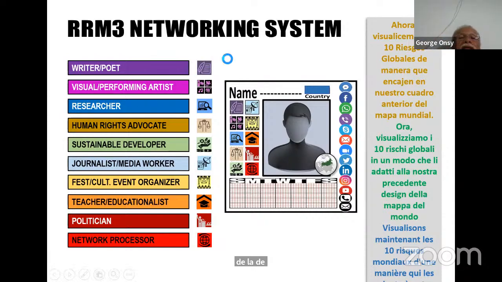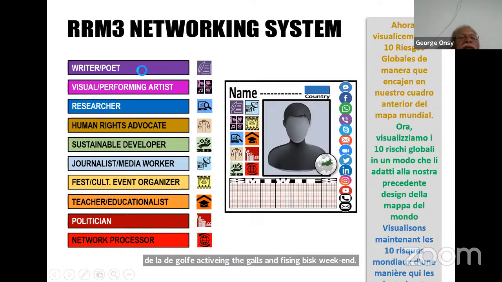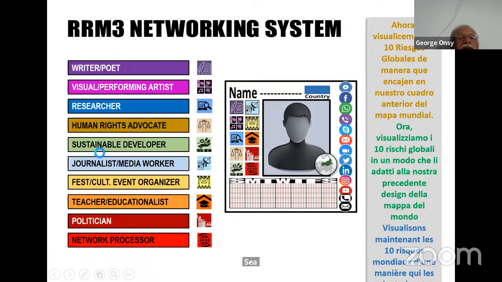We can see his talents here. All these icons mean whether he is a writer, poet, or visual performing artist, or researcher, or human rights advocate, or sustainable developer, or, okay. And we set it here to the left of his picture.